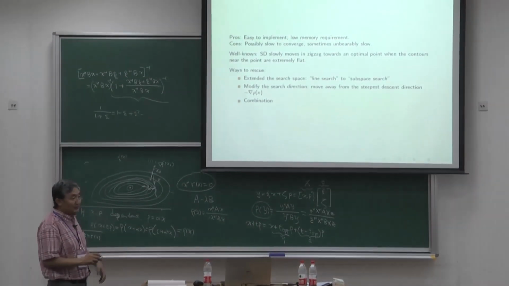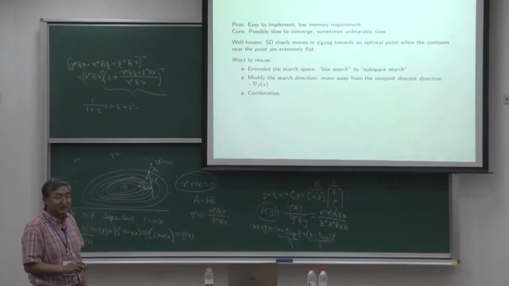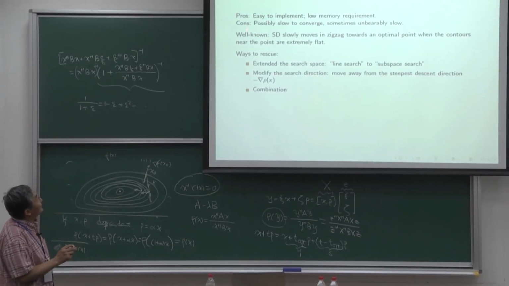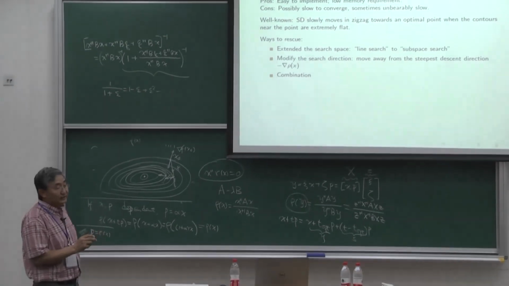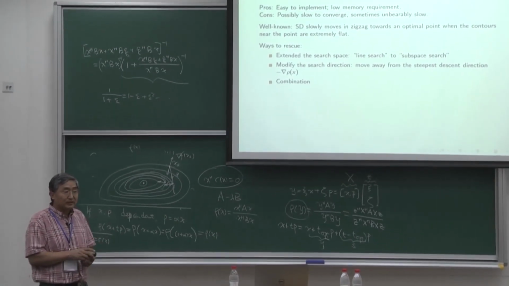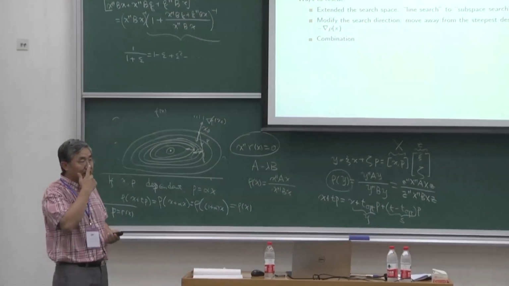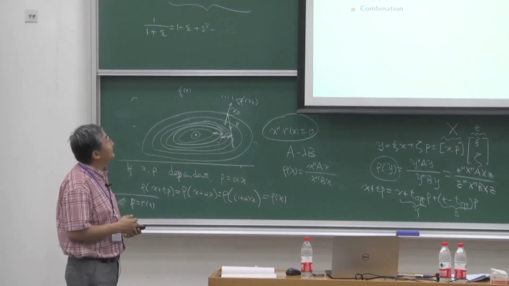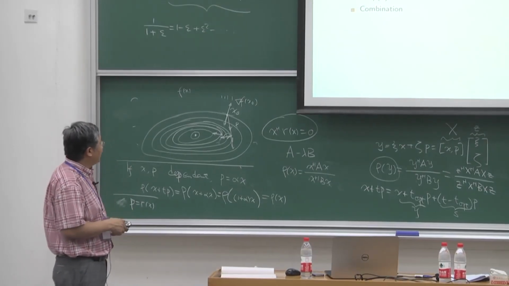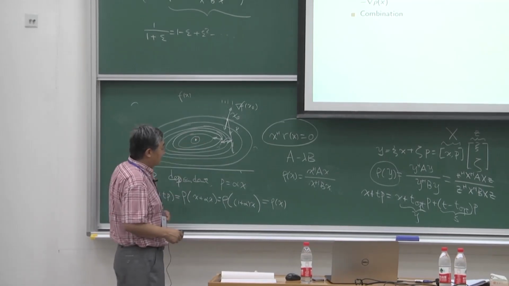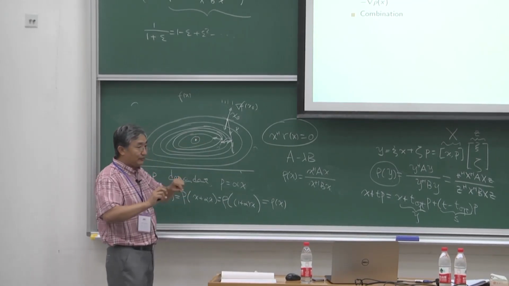Every good thing that comes with bad things, they typically go together. So there's a bad thing, a con, that is slow convergence. This is common in the optimization area, that steepest descent can be very slow to converge. That happens when I draw a contour here, when the contour is very flat.